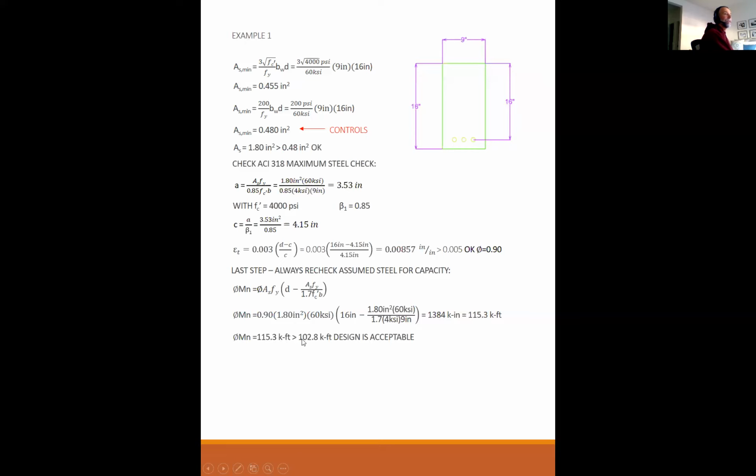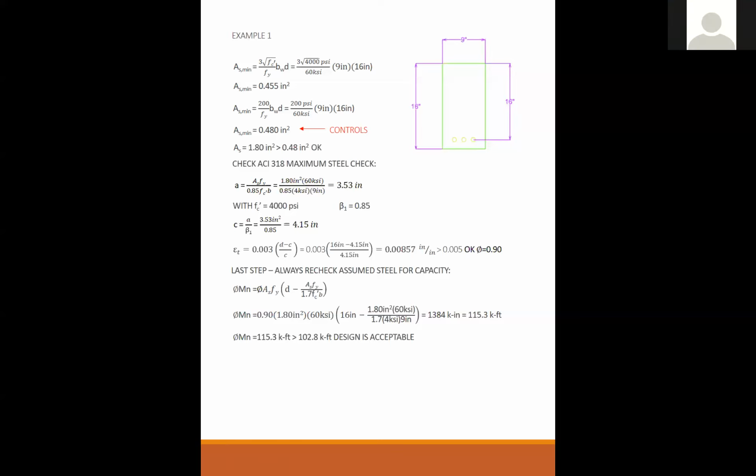And if it's not okay, then you need to go back to step one and choose a bit more steel. But to answer your question, for Rn, always assume 0.9. Got it. Thank you so much. Any other questions on example one?